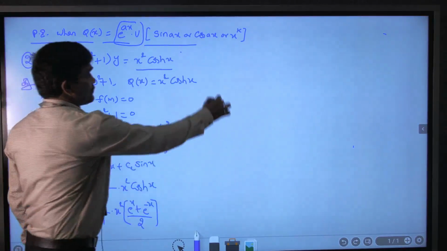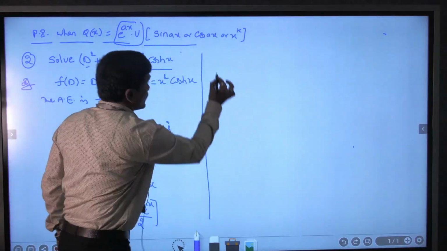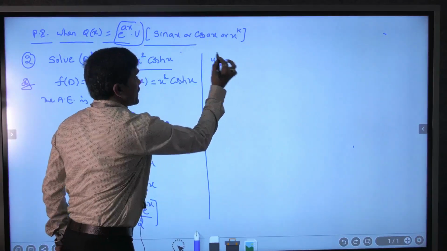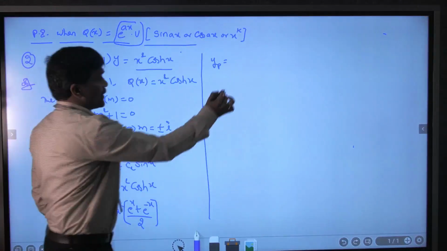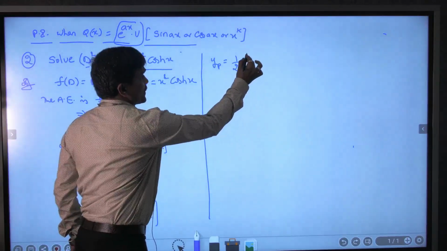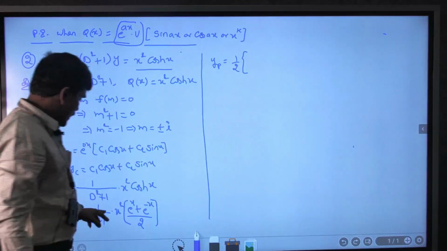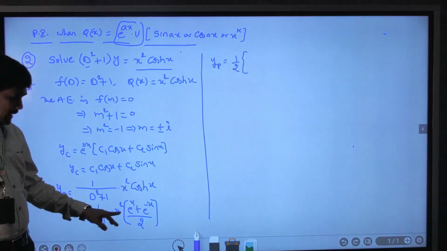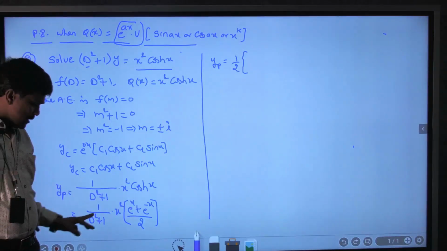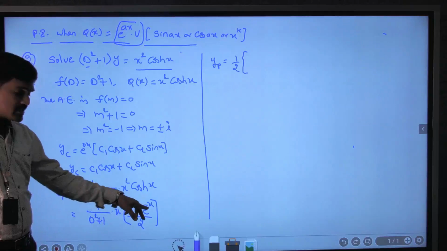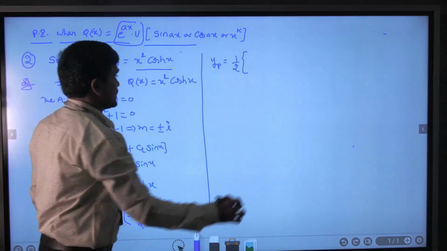Now yp can be written as, 1 by 2 is constant, so here we write 1 by d square plus 1, x square e power x, plus 1 by d square plus 1, x square e power minus x.